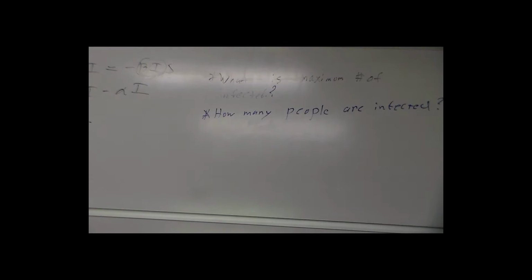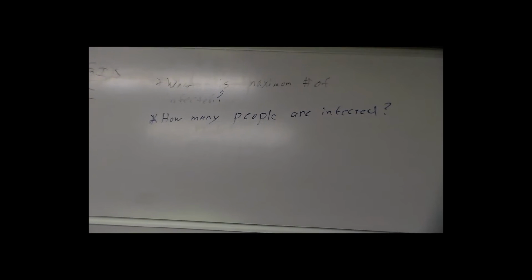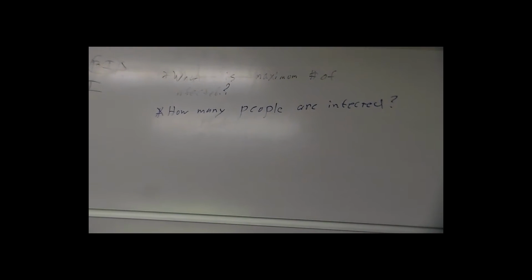Those are big things we would want to know at the onset of a disease. There are some other ones too, like how much is this going to cost, and what do we do in response? Those we have to do additional modeling for. So from this model, this is all we want to be able to determine.